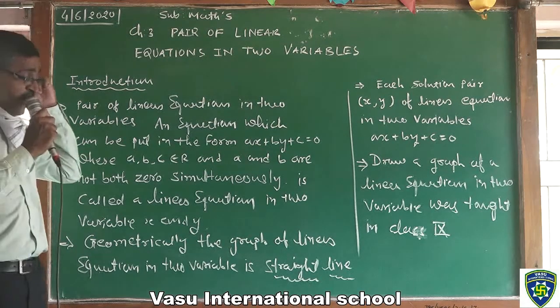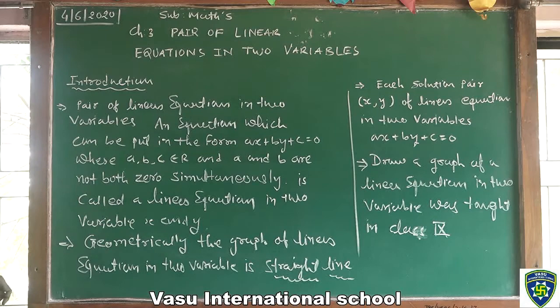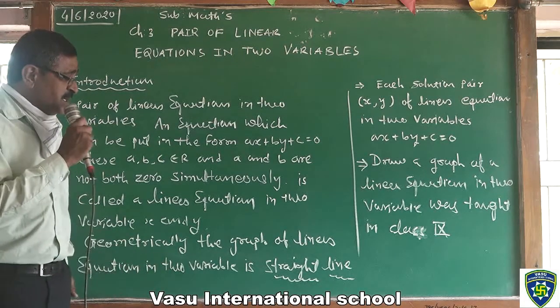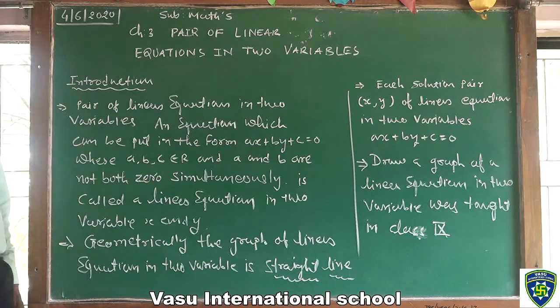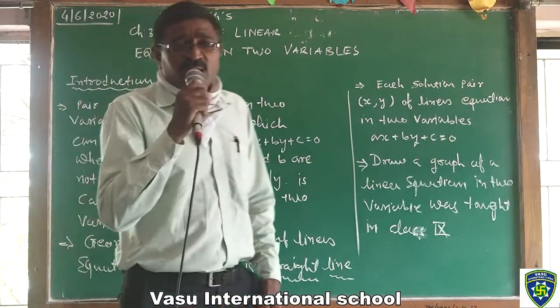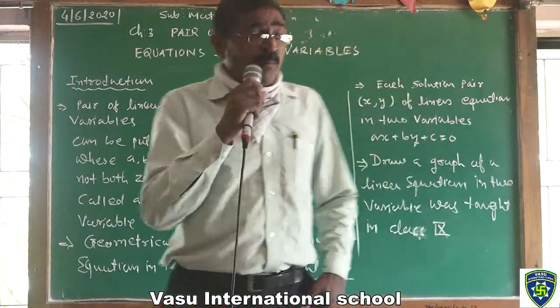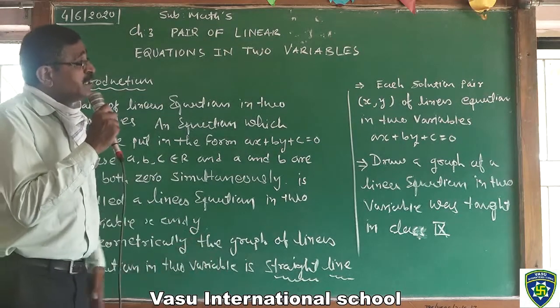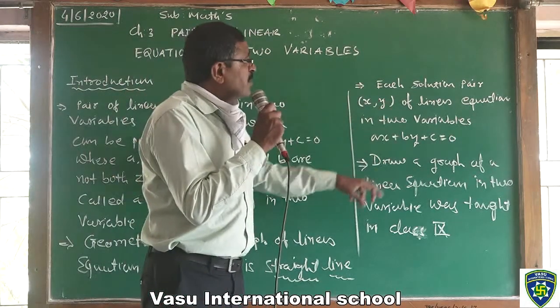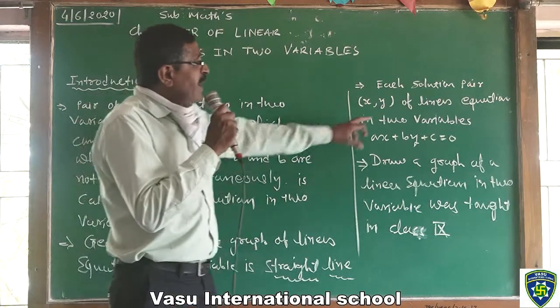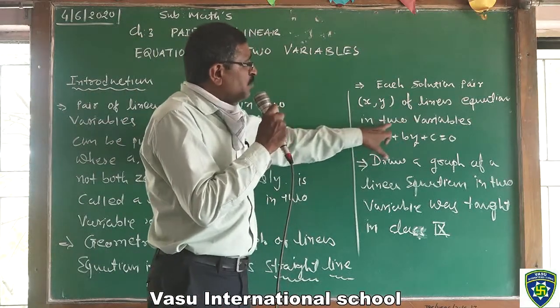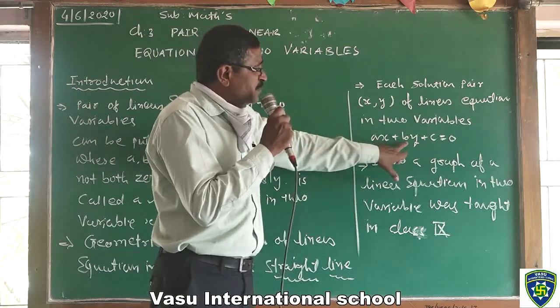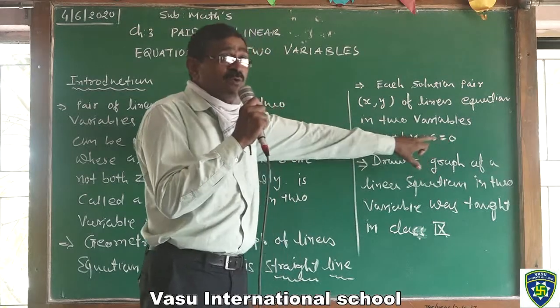Geometrically, the graph of a linear equation in two variables is a straight line. In standard 9, we studied that the graph of a linear equation is also a straight line. A pair x, y is a solution of the linear equation ax plus by plus c equals 0.